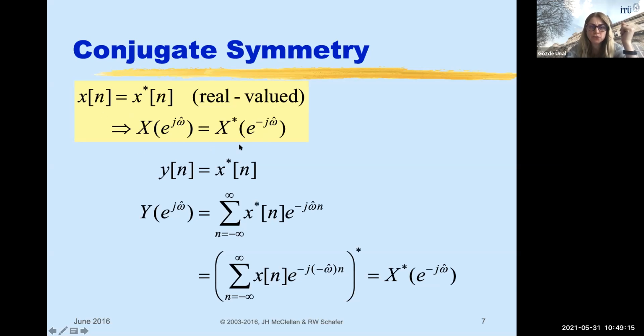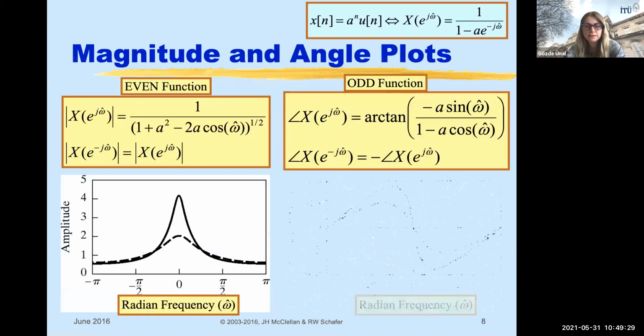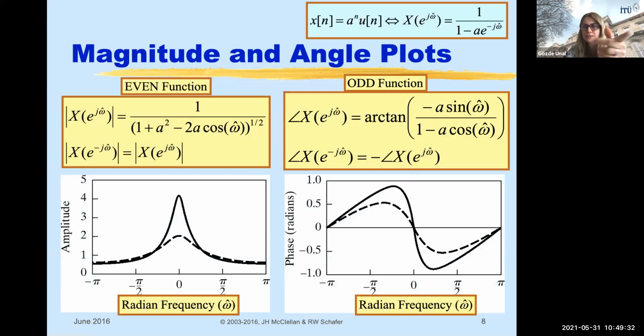This is the mathematical definition of conjugate symmetry: take the negative frequency, take the conjugate of the values of this function, and you get the same function. This is called a conjugate symmetric function. We've already seen this in the previous hour, so I'm passing over it.